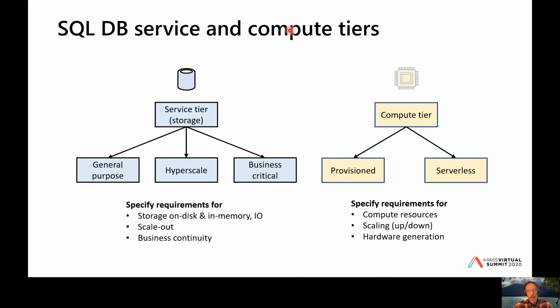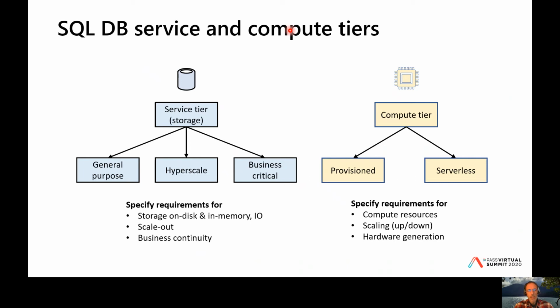The business critical tier, on the other hand, provides a primary replica for the compute instance, as well as 3 secondary replicas for even greater high availability. And the storage in the business critical tier is co-located on the same machine as where the compute is running, which allows it to provide superior I/O performance.